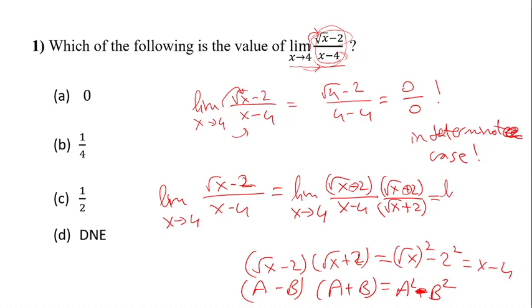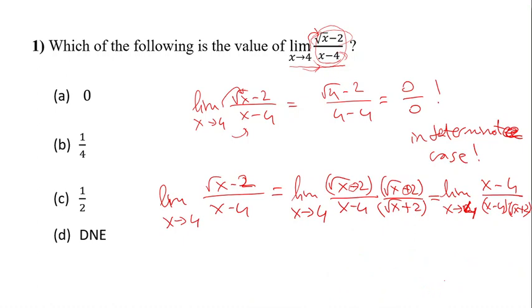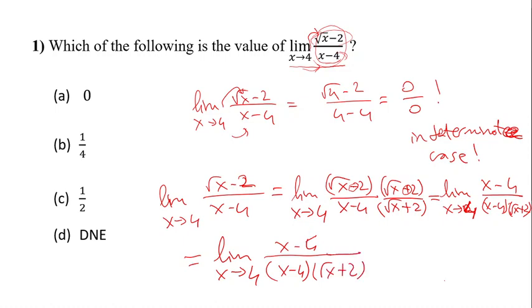And we now have the limit as x goes to 4 of x minus 4 divided by x minus 4 times square root of x plus 2. After this, we look for a simplification, all the things we do after some manipulation. And here there will be the simplification, 1 and 1.